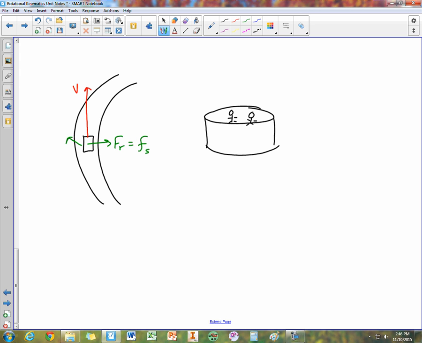If I were to take a look at the person that is stuck to this wall and look at the forces, I would see that the radial force this time is being provided by a normal force, just like our space station example. And then gravity's trying to pull them down. Static friction is keeping them from sliding down. And we can do a whole host of problems like that as well.